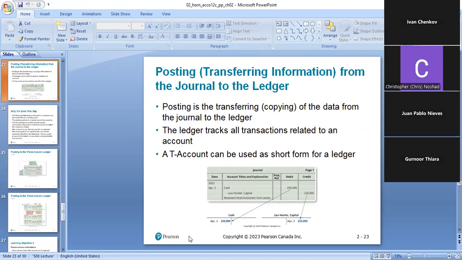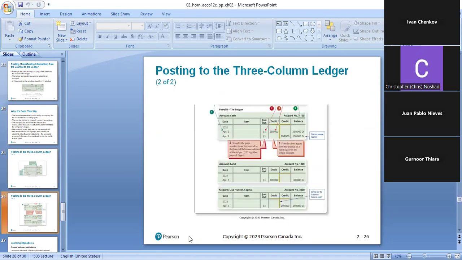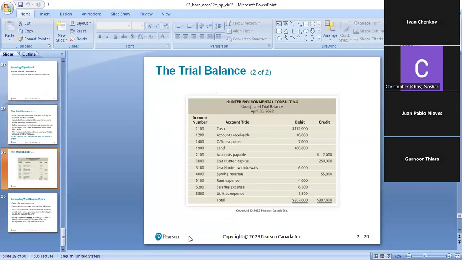Once we have all the transactions posted in the accounts, we put all those accounts in our ledger. And once we get the ending balance of all the accounts on the ledger, we'll have our trial balance, which will look something like this.